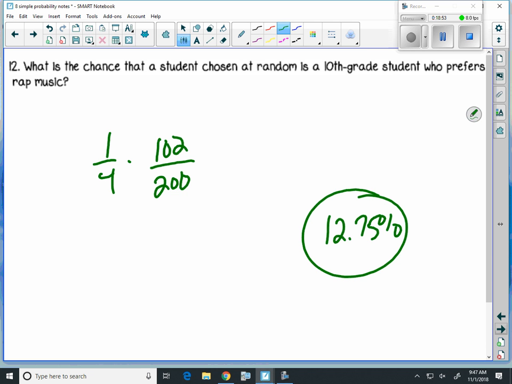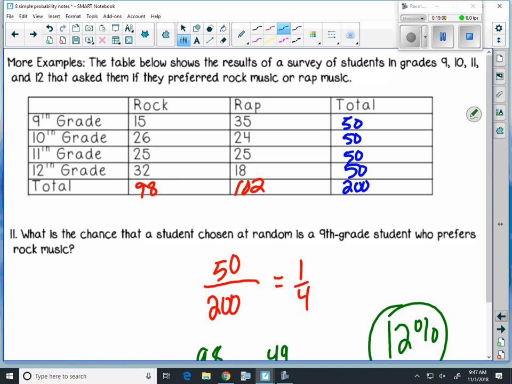So why would we use the 24? We do like 24 divided by 50. No, I don't know. You could, but that's not the same. Maybe that's the way they want you to do it.